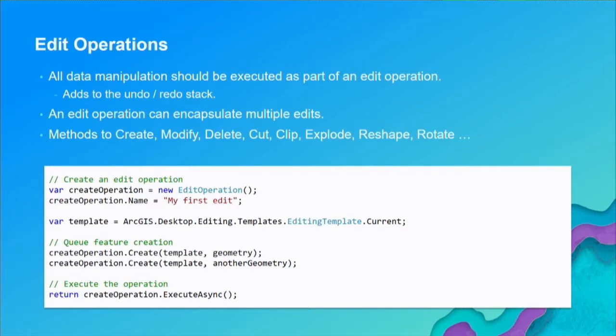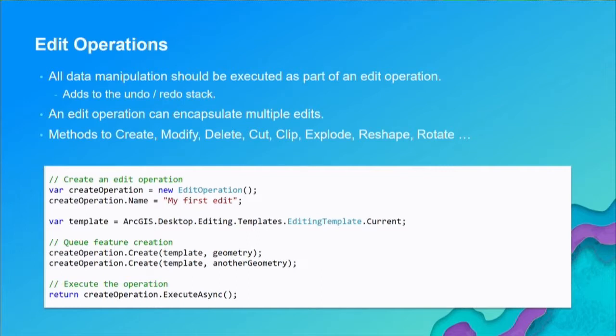Next, we're taking the edit template, which is passed into us. And then the next line is where we're queuing the create. The first geometry that we're getting in here, we'll take a look at that in a little bit, is essentially going to be the display or the interactive geometry from what we've sketched on the screen.